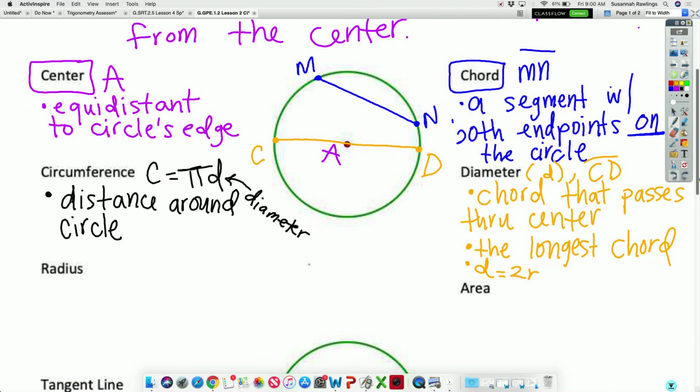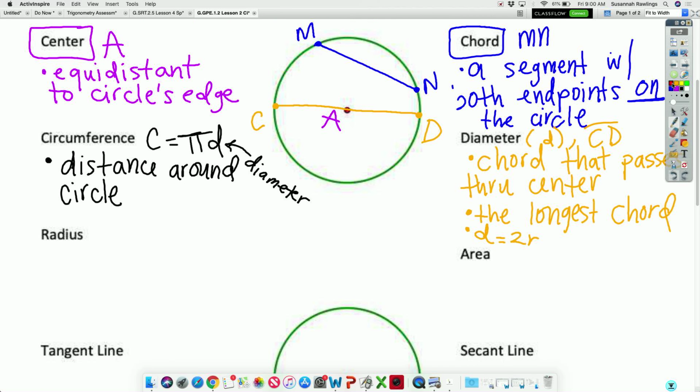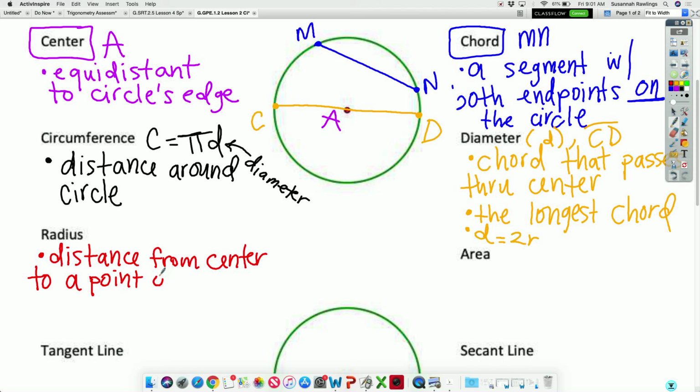Okay, and last thing we're drawing on this picture is our radius. The radius starts from what point? The center. Starts from the center and goes to where? The outside edge. Yeah, anywhere on the outside edge, it doesn't matter. So this is our distance from the center to any point on the circle.